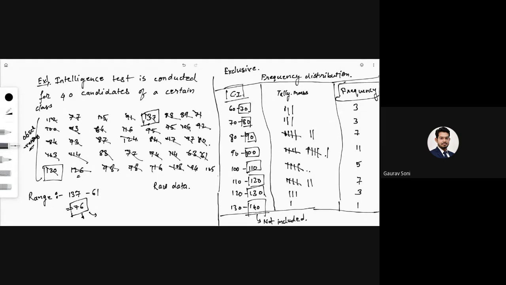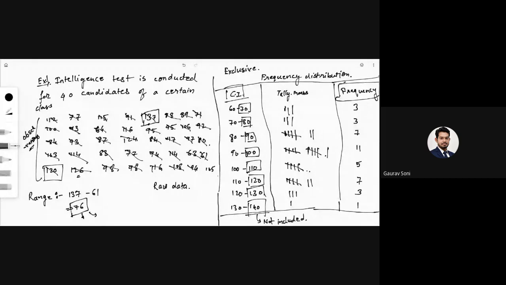Now in this you can see that the maximum number of students are in the range of 80 to 120. And that's why we can say that the class is moderate. Those are not too much intelligent and not too much dumb. So what we have done is, we had a raw data.